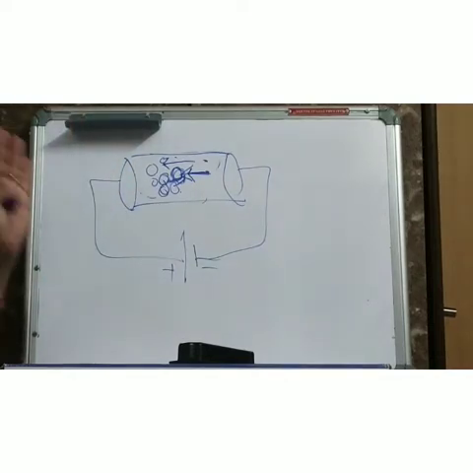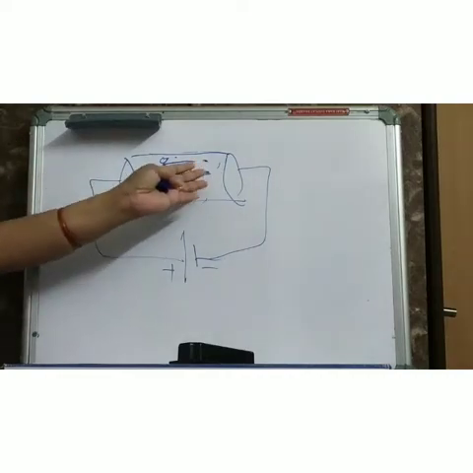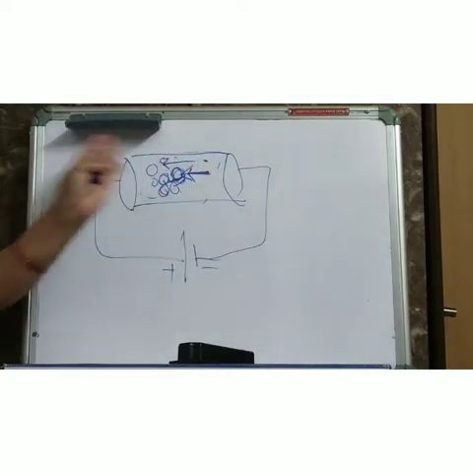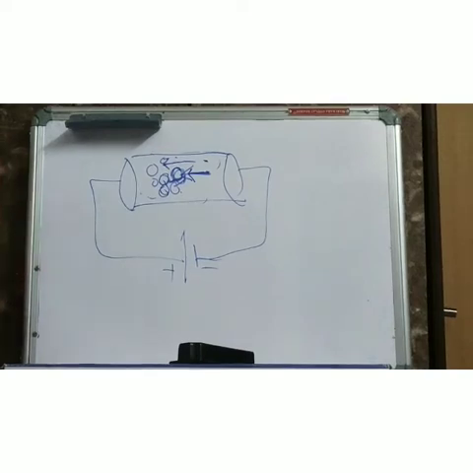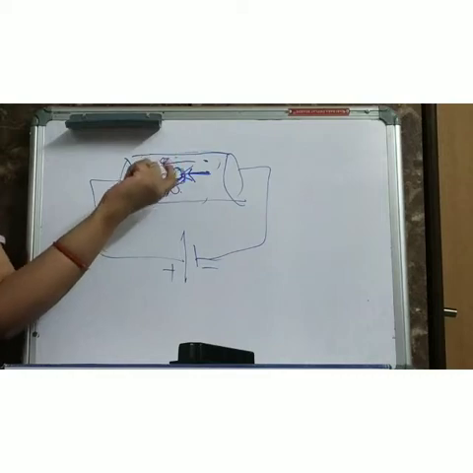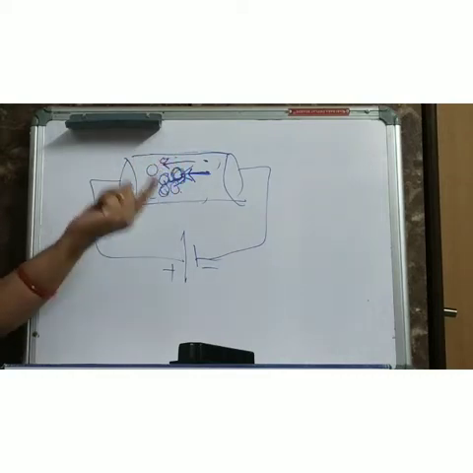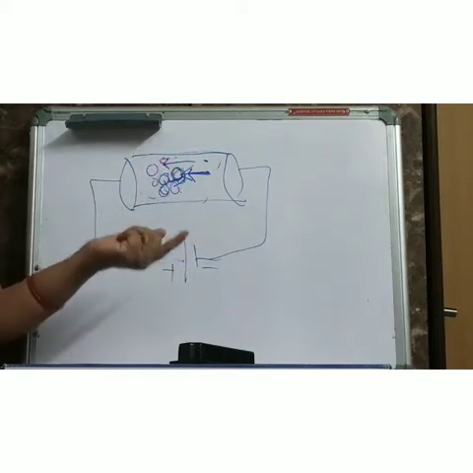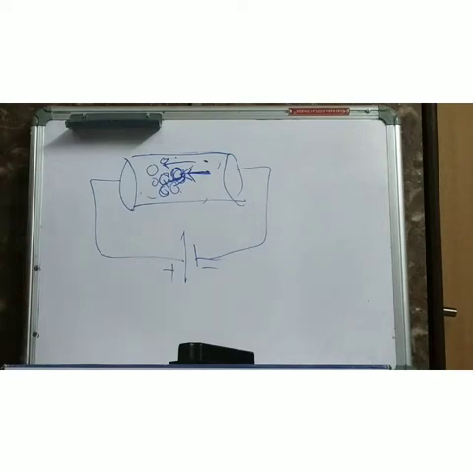It is resisting the current flow. If electrons moved smoothly from one end to another, current would flow freely. Now it can't move smoothly, so many obstacles it has to surpass. That's why this obstruction is called resistance.